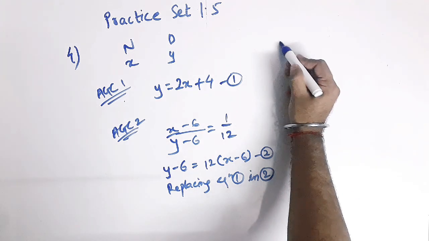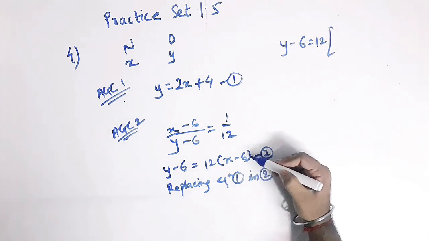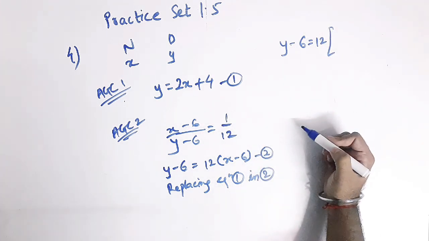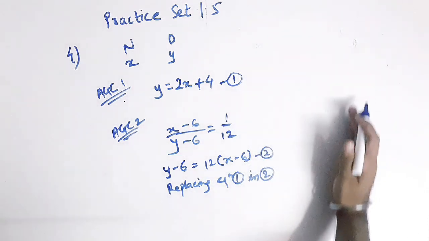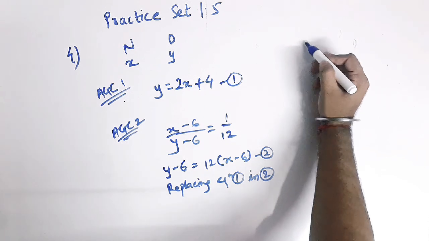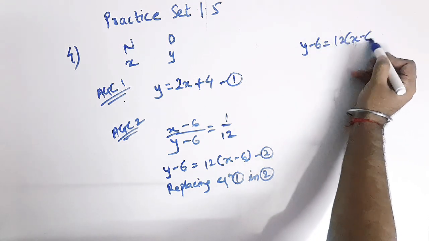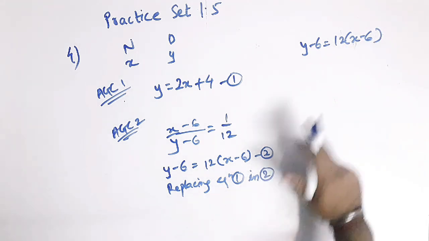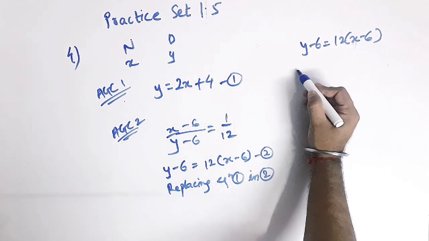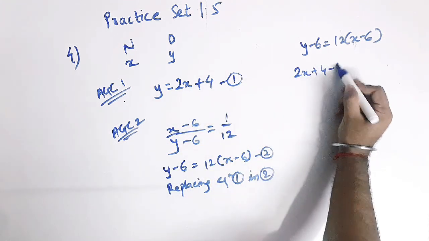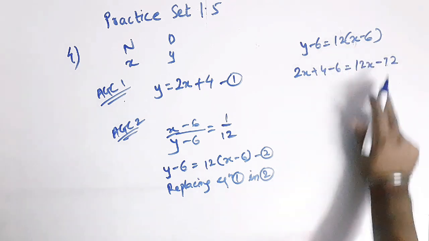I'll write y minus 6 equals 12 bracket x minus 6. I have rewritten equation number 2 so that in the next step we can replace y. y is 2x plus 4, minus 6 is equal to 12x minus 72.